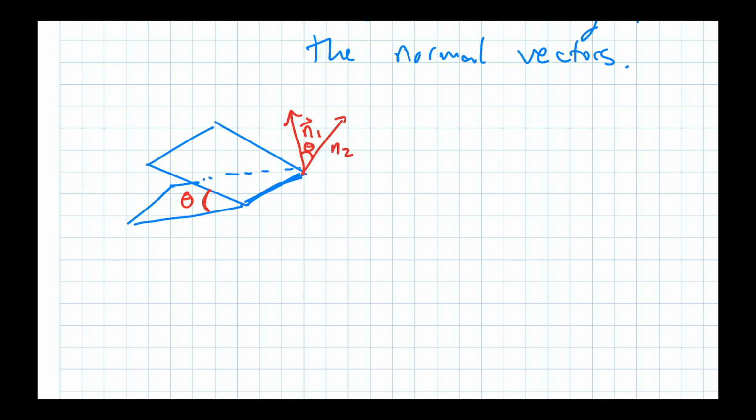That's also theta. So the angle between planes is also the angle between the normal vectors. Depending on how much sense that picture made to you, maybe you believe that. If not, you can look back to the section on planes where we talked about the angle between planes.